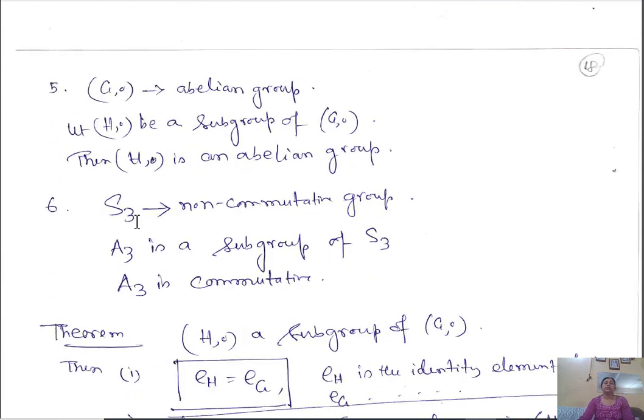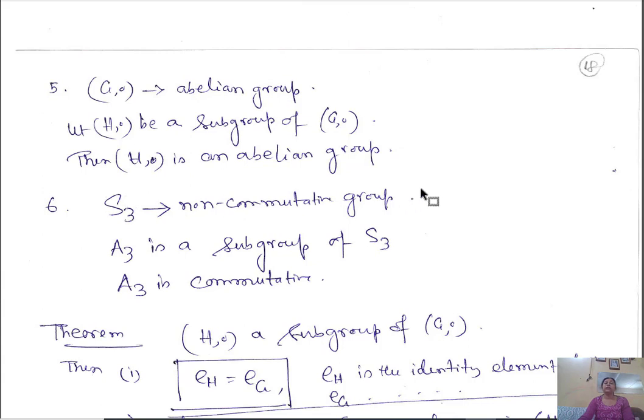If you consider S3, this is a non-commutative group. A3, the alternating group of order 3, is a subgroup of S3. Mind that we have mentioned A3 is commutative; we can show that also. It is the set of all even permutations of a set of 3 elements. This is a commutative subgroup of S3.